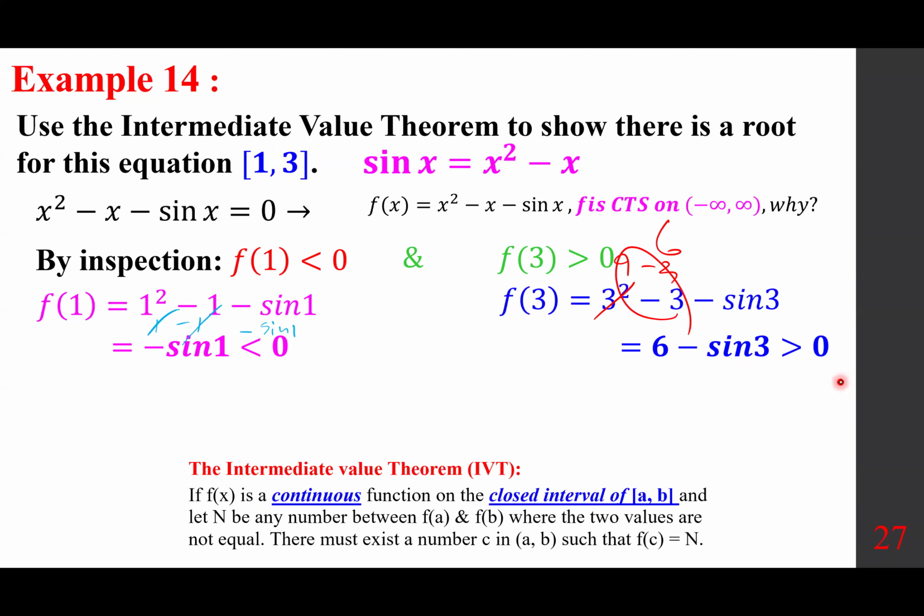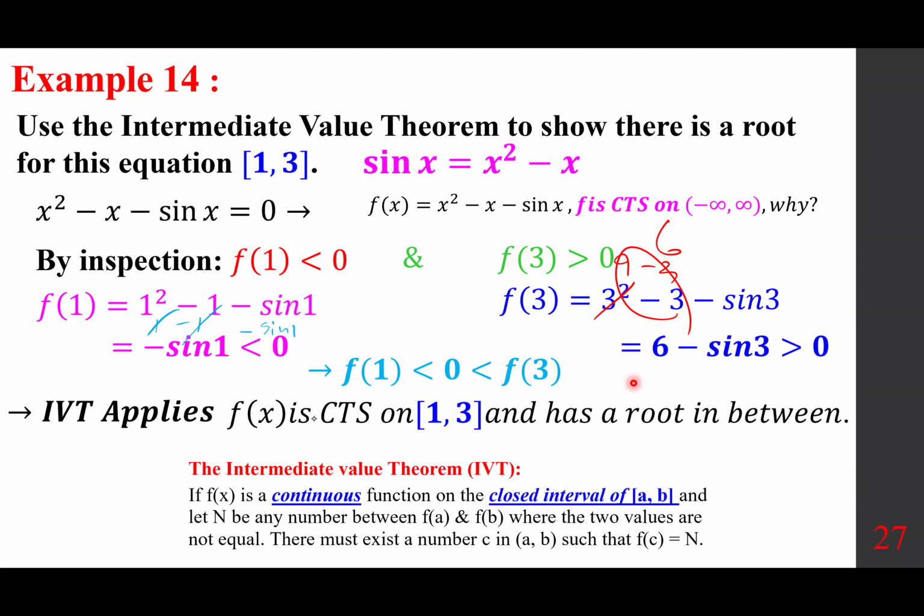That makes it 5, which is not negative, by the way. So because f of 1 is negative, f of 3 is positive, and 0 is in between, then according to IVT, intermediate value theorem, f of x is continuous on the closed interval of 1 to 3, and has a root somewhere in between. So that's by IVT.